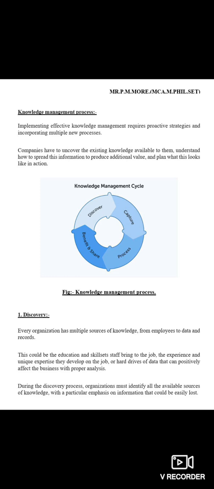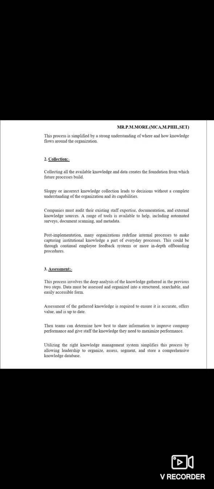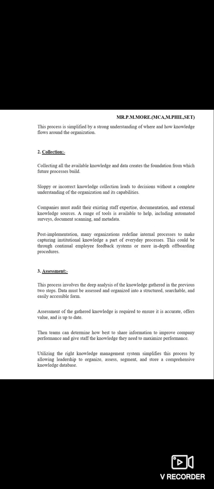During the discovery process, organizations must identify all the available sources of knowledge, with a particular emphasis on information that could be easily lost. The process is simplified by a strong understanding of where and how knowledge flows around the organization.